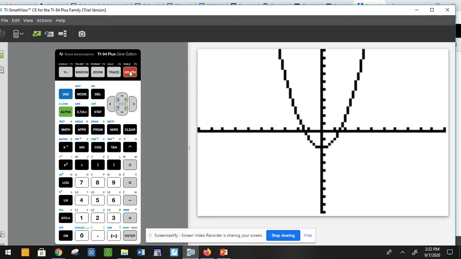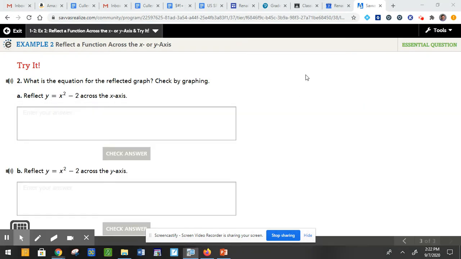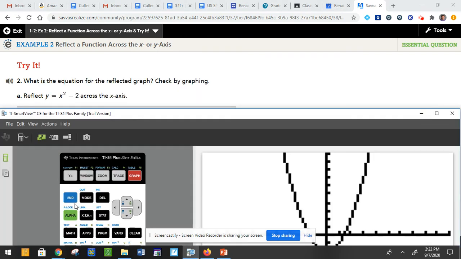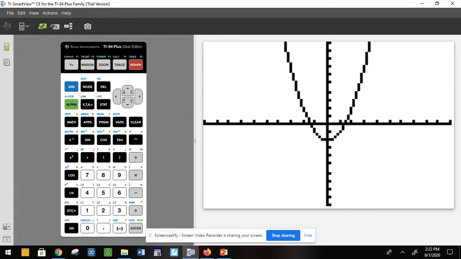If I go to reflect that over the x-axis, right, that vertex at -2 is now a vertex at +2, and it's going to open down. I don't know if I can write on top of this. Yes, yeah, I can write on top. All right, whatever.